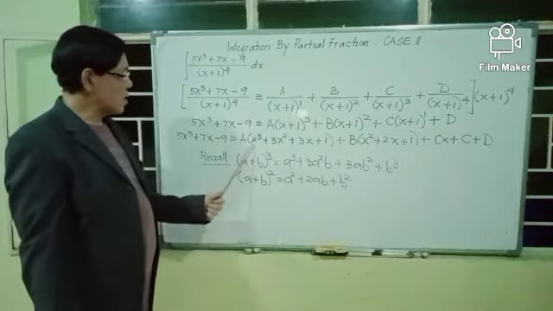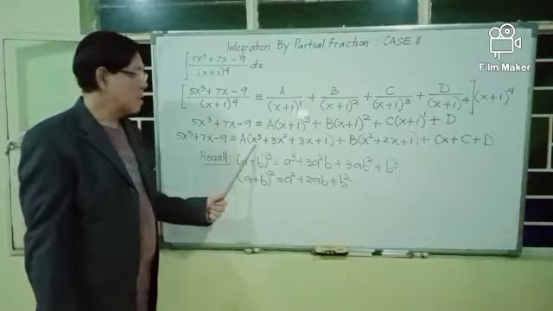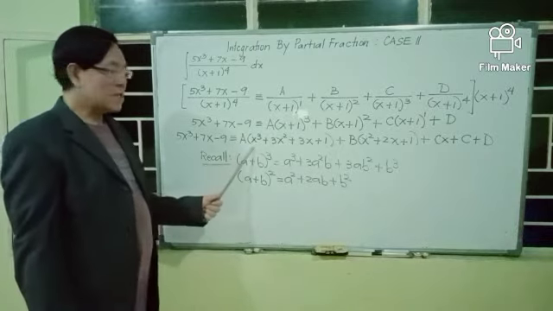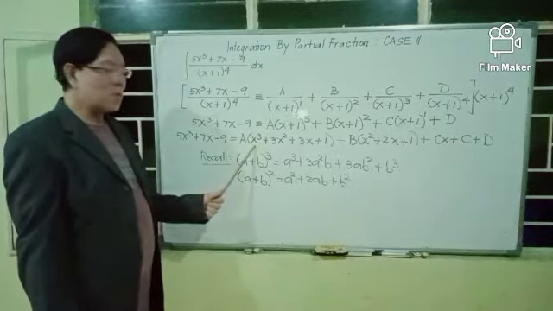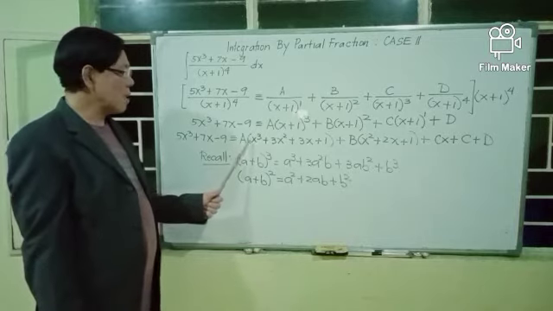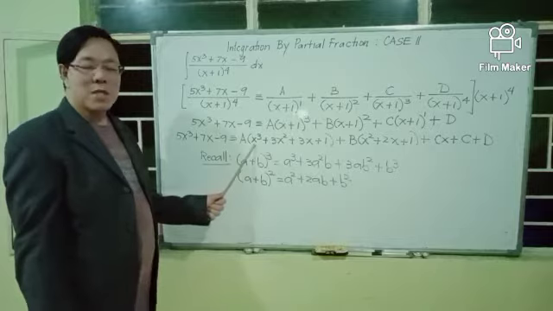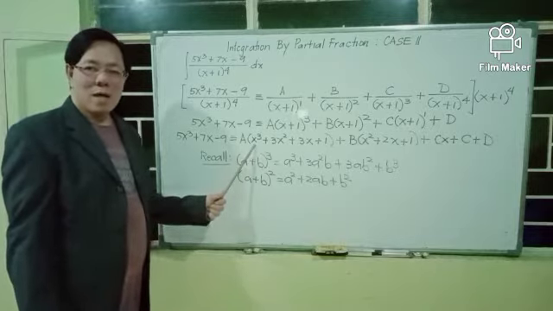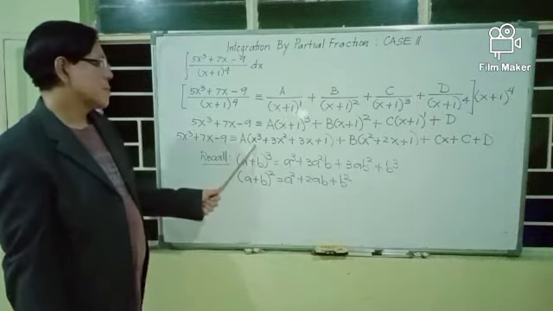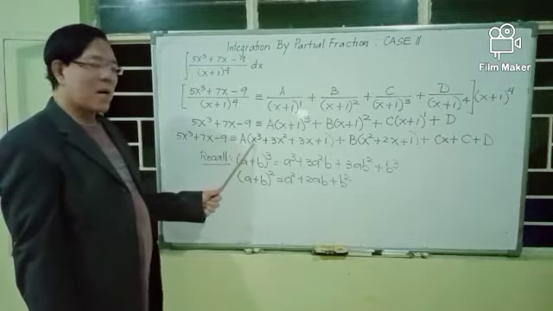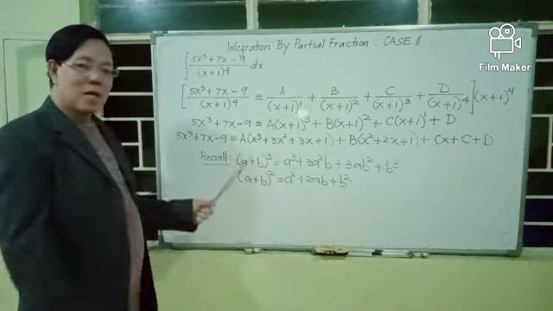And we start with x^3. At the right-hand side, the coefficient of x^3 will be a. If you multiply a by x^3, you get ax^3. And this is the only term with x^3. So the coefficient of x^3 is a at the right.